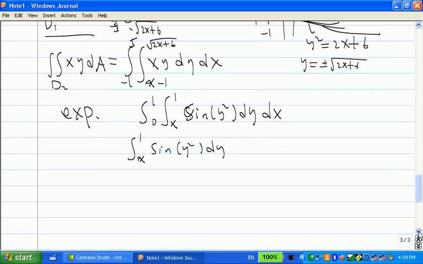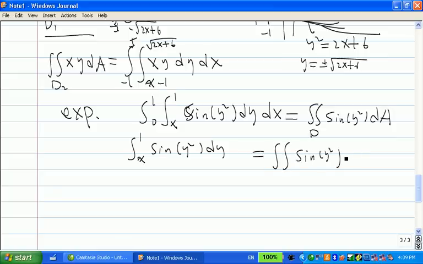Therefore, what we can do, as we know, this iterated integral can be written as a double integral over region D. And we know this double integral can be written in a different order, same function, just a different order, dx dy.